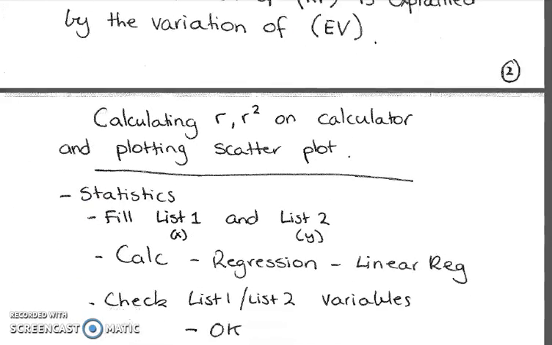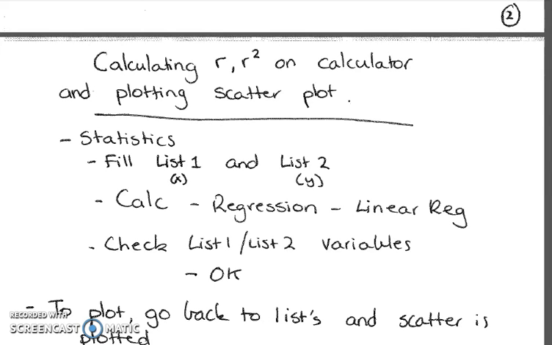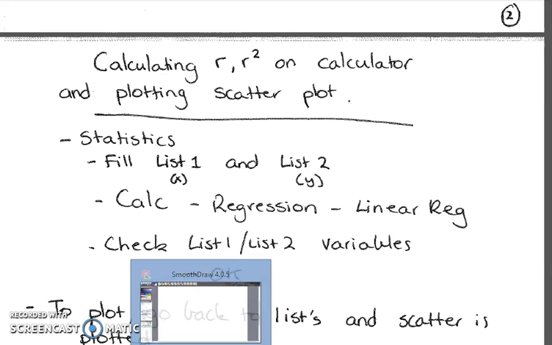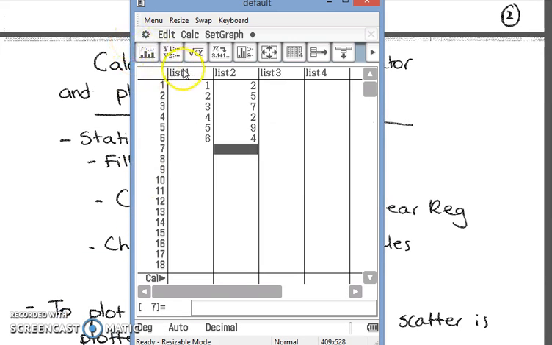So how can you calculate your R and your R squared values on your calculator? Here's the information here. However, I'll quickly show you on the calculator. We've got our X values and our Y values. Place these in, make sure that these are your X values and these are your Y values. Place them into your stats.